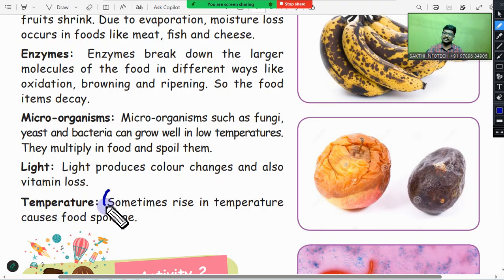Temperature. Sometimes rise in temperature causes food spoilage.